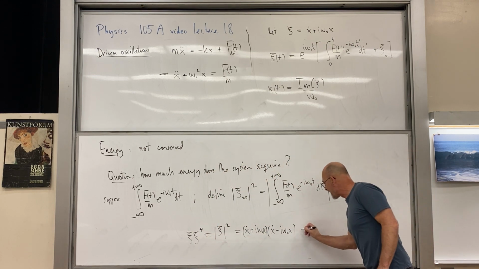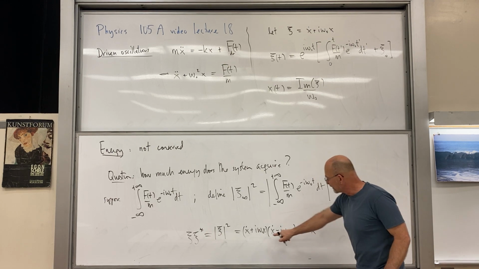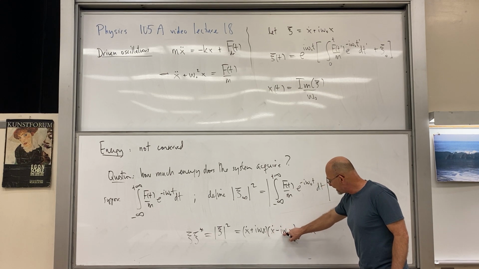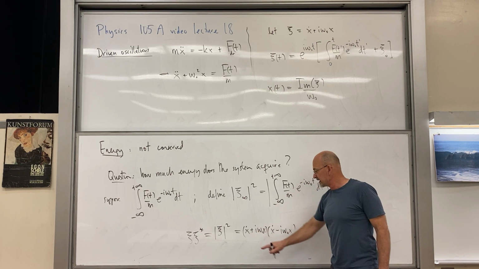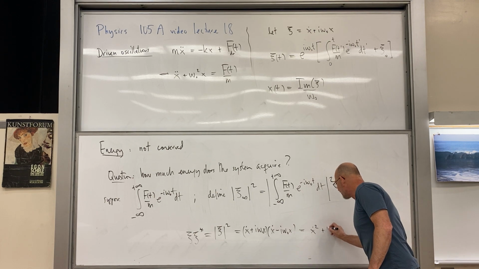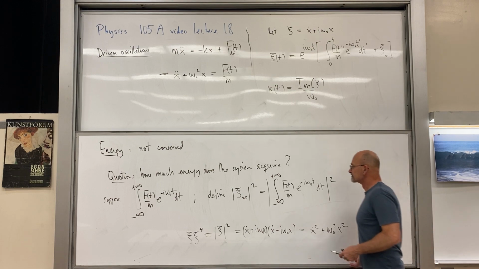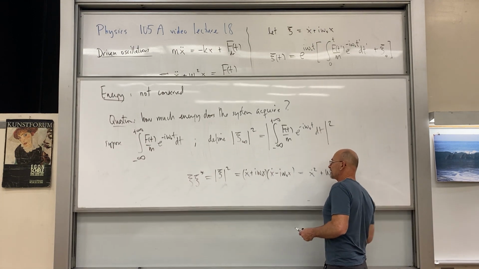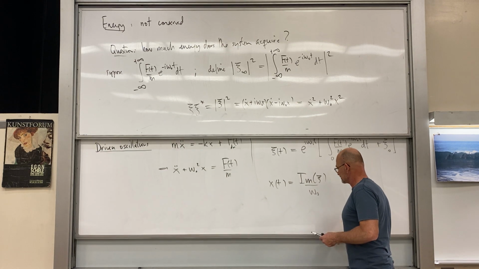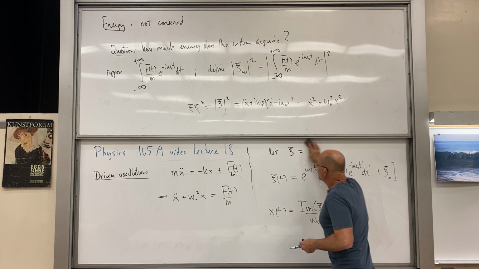So we multiply that out, we're going to get x dot squared, and then the cross terms are going to vanish: i omega naught x x dot, minus i omega naught x x dot. So we're left with i times minus i, which is plus 1, so plus omega naught squared x squared. Good.